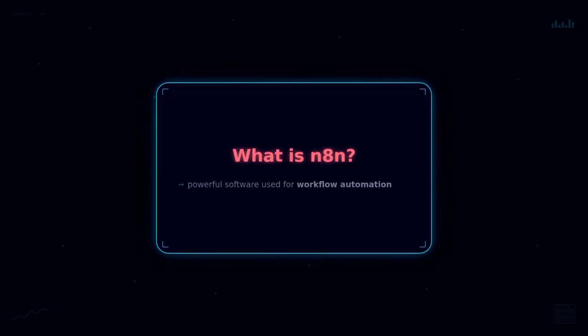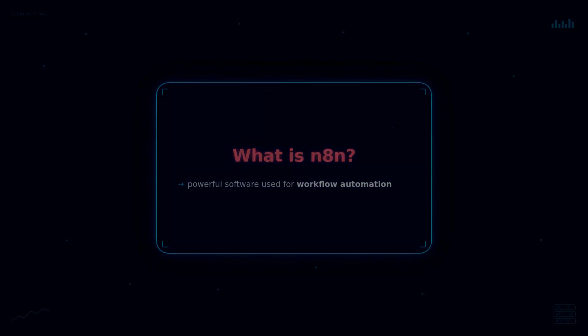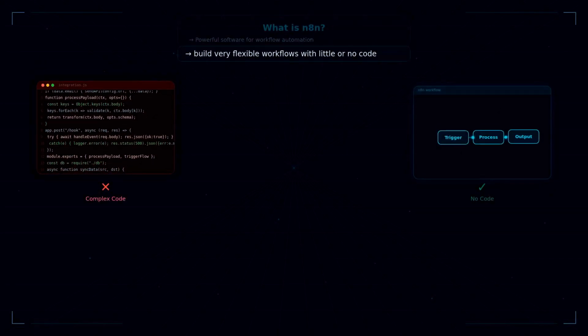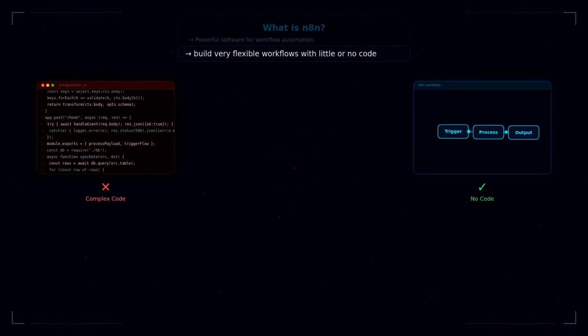So let's start with the basics. What exactly is n8n? In simple terms, workflow automation means you connect different apps and services so they work together automatically, without you having to do the repetitive manual steps. With n8n, you can build these automations using very little code, or even zero code. That means you don't need to be a programmer.